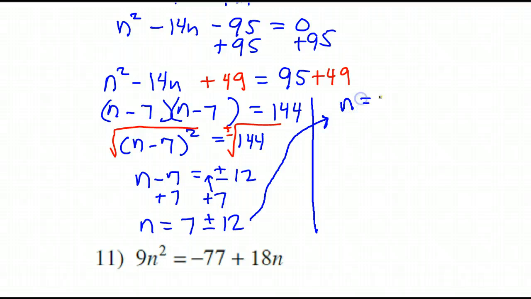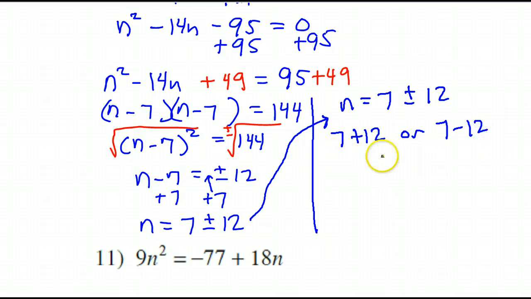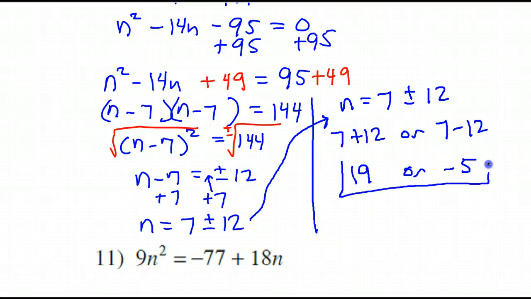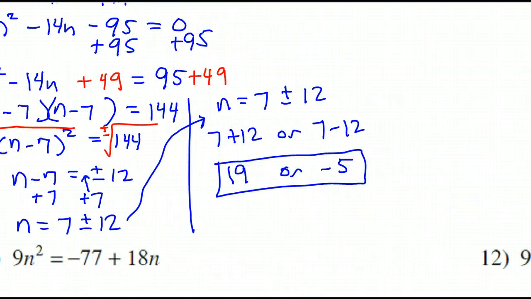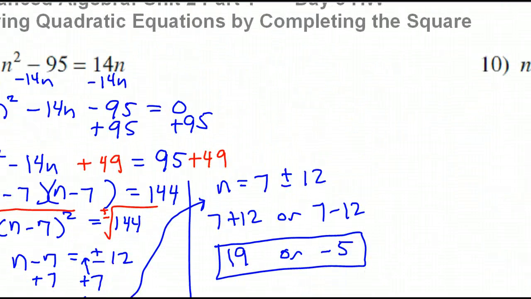So I've got n is equal to 7 plus or minus 12. That means 7 plus 12 or 7 minus 12. Okay, so that means 19 or negative 5. So these are the 2 solutions for number 9. Let's take a look at number 10.